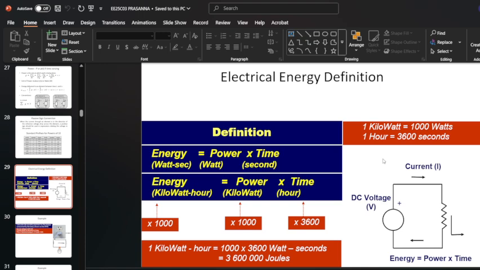Energy is equal to power into time, so kilowatt hour is power into time.